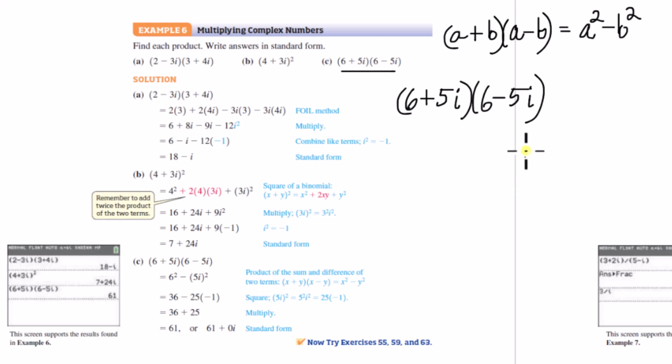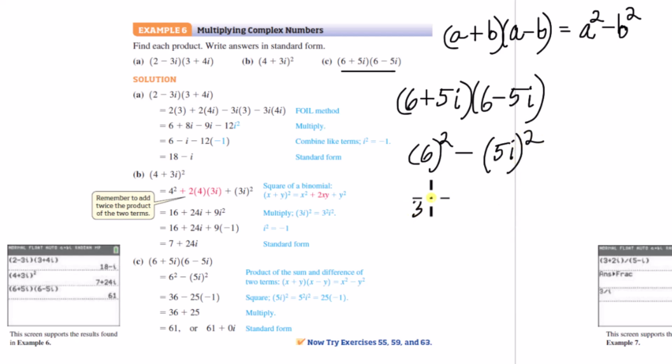All right, so what's the big deal? Well, this is unique when it comes to complex numbers because i squared is -1. So what ends up happening in this case is the i gets eliminated. So with a squared minus b squared, this is going to be 6 squared, and then minus 5i squared.